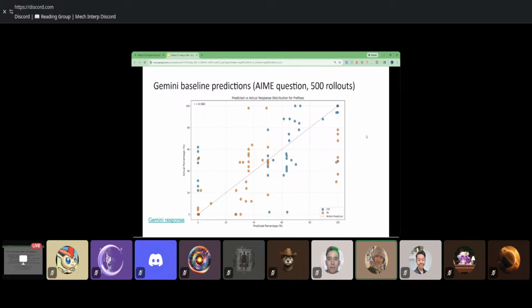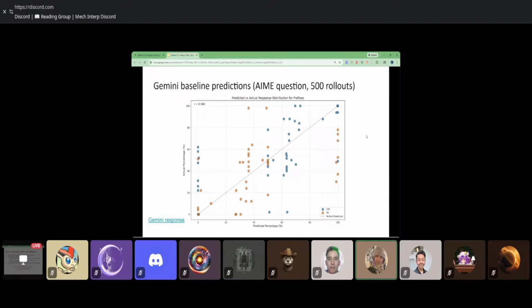And this is the Gemini predictions for the same question. This graph was obtained by just asking Gemini once for the distribution and plotting it, I think.